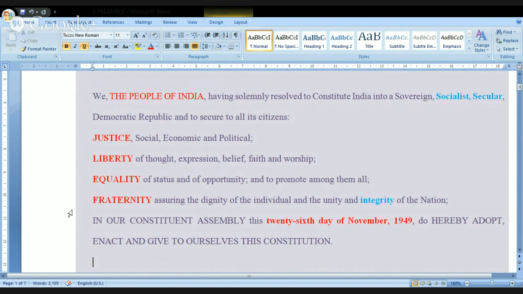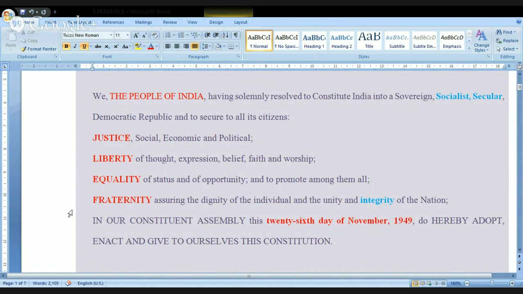It was a question in the previous examination. I'll show you that question after some time, but kindly remember 26th day of November 1949. This is the date mentioned in the preamble. And if you go to the top, to the first line, beside sovereign, we have socialist and secular.